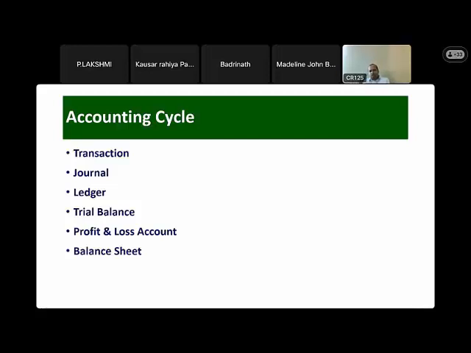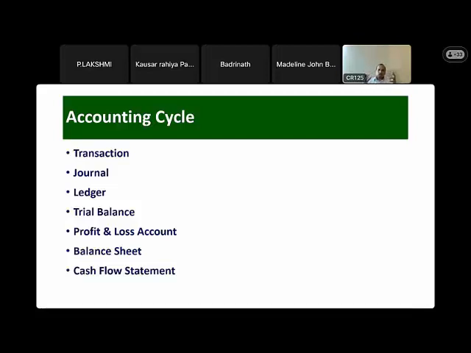Once your balance sheet is ready, you can proceed to the cash flow statement. What is the cash flow statement? It is the inflows and outflows of cash, the transactions of cash, also during a particular period of time.